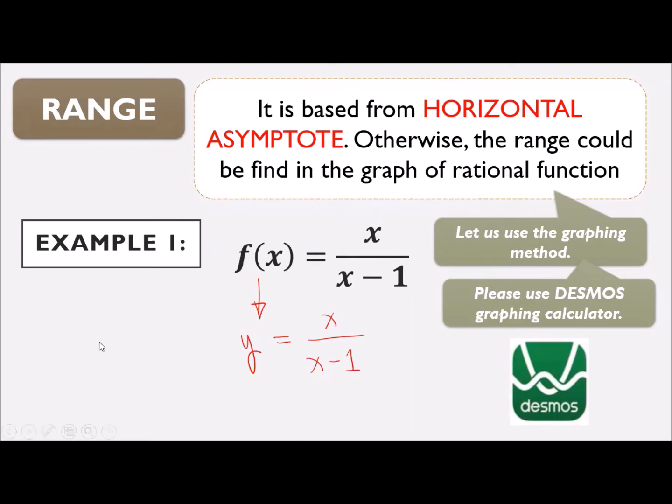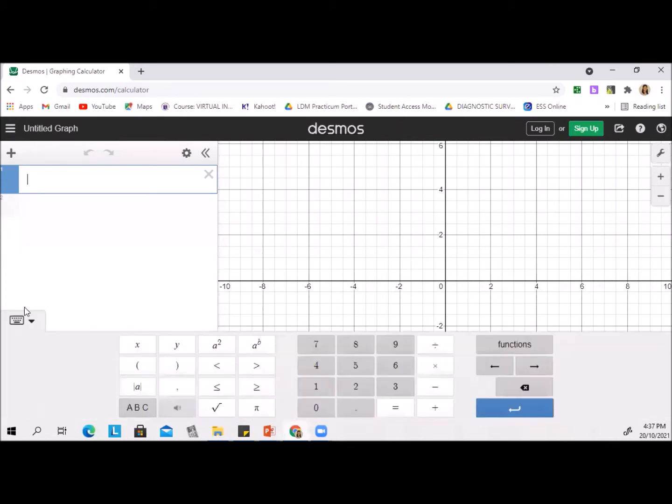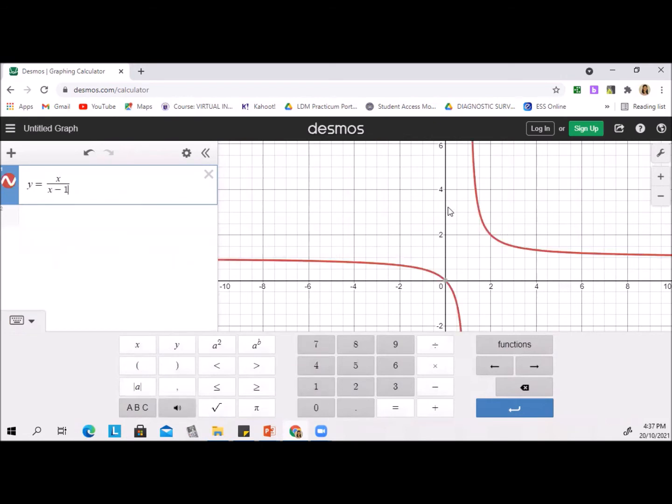So, type in natin, gamit itong keyboard, show keypad, and then y is equal to, tapos, x, and then divided by, so kung papansin nyo, may lumalabas agad, no? So, ganun ang Desmos. And then, x minus 1. So, ganyan ang itsura ng graph daw ng ating in-example ngayon.